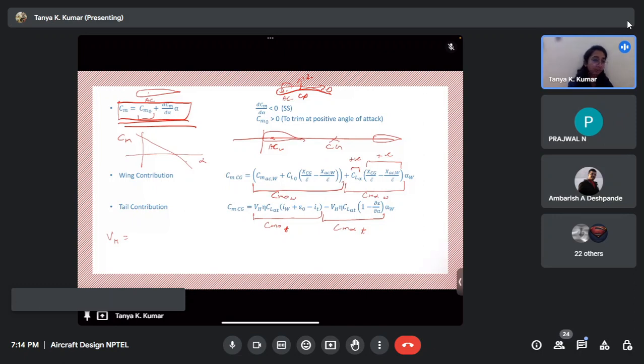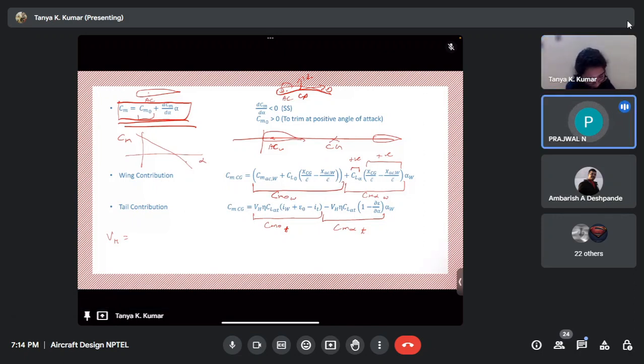Do you remember the formula? Okay, so it was the area of the tail upon the area of the wing into LT by C. C is the chord. What is LT?